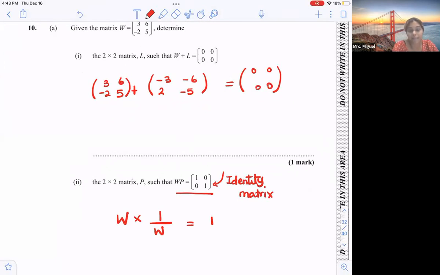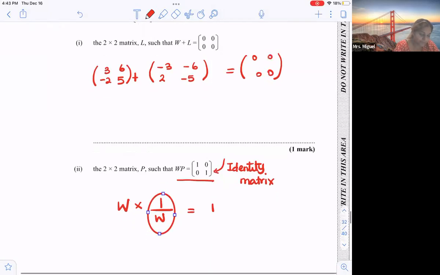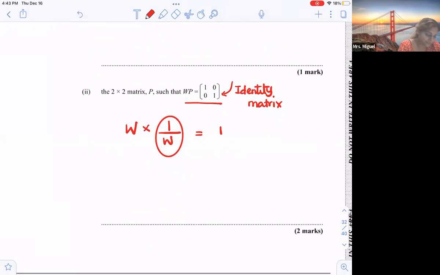So what they are asking you is to find the inverse, because this 1 over W is the inverse. So let's find the inverse. W is the matrix 3, 6, minus 2, 5.